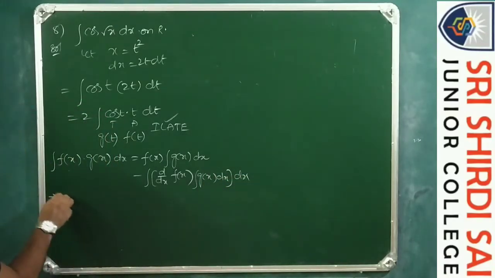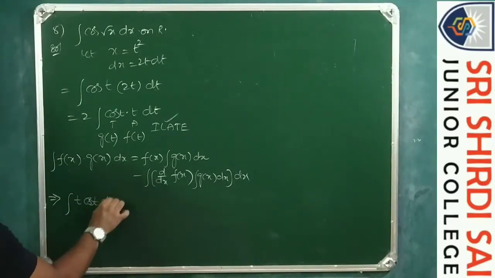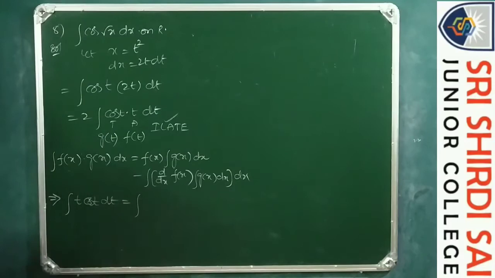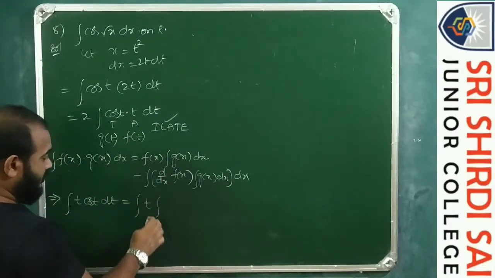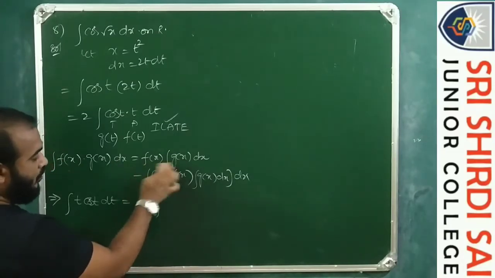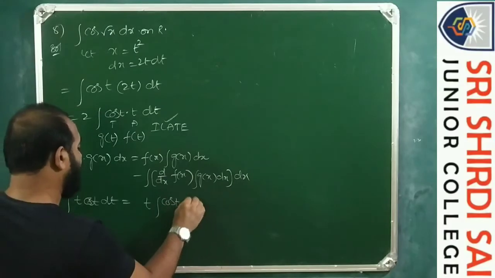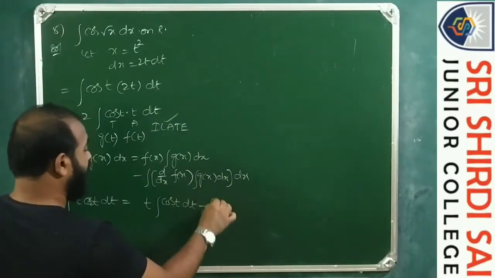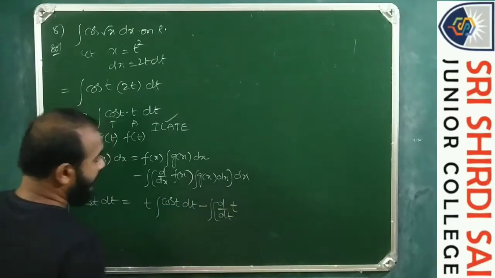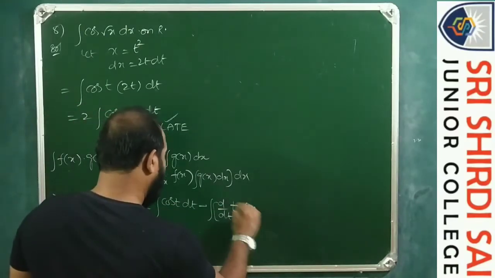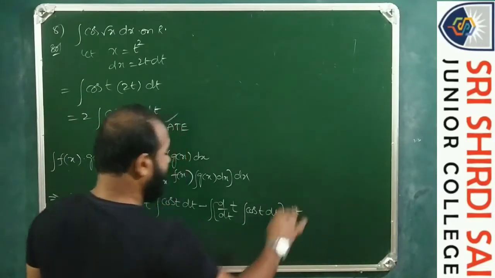So this implies t cos t dt is equals to integral f of t here is t into integral g of t, t into integral cos t dt minus integral of d by dt of t into integral cos t dt whole dt.